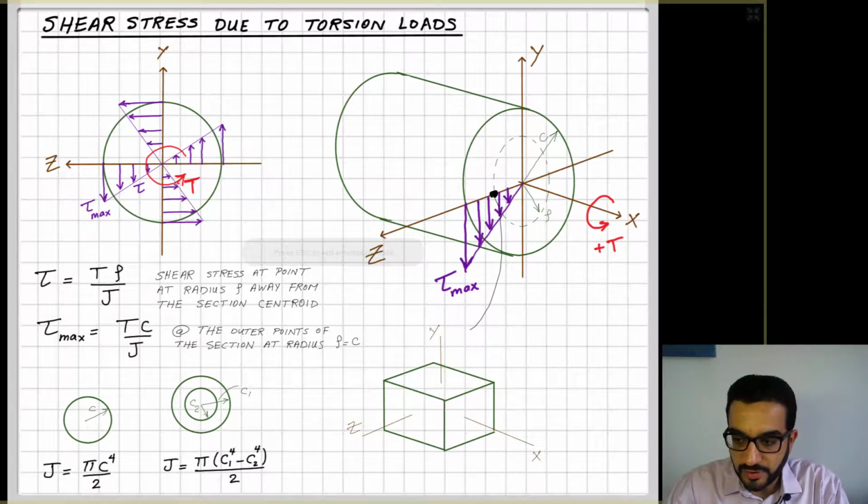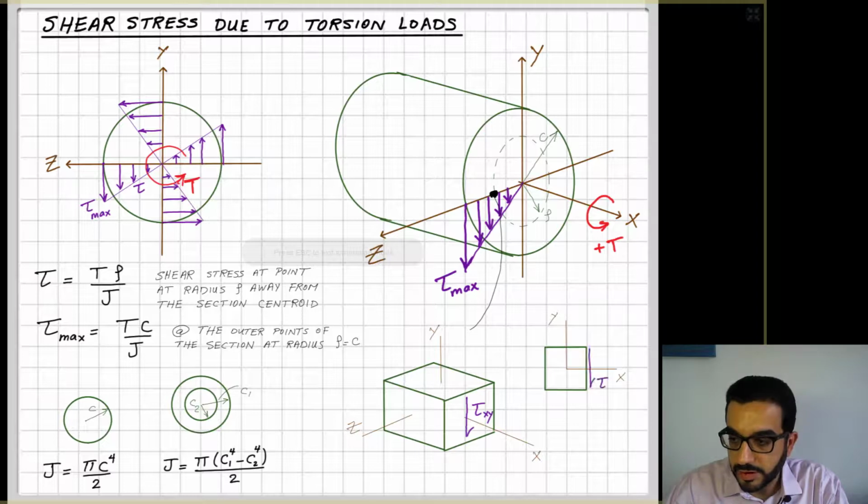And the face to the right, where X is popping out, is the one representing that little point on that section that I'm showing on the bigger drawing of the shaft. And tau at this point is going down, in the negative y direction. And the surface of that block that I'm drawing on is perpendicular to x, which is the same surface of the cut that I'm analyzing here for the whole shaft.